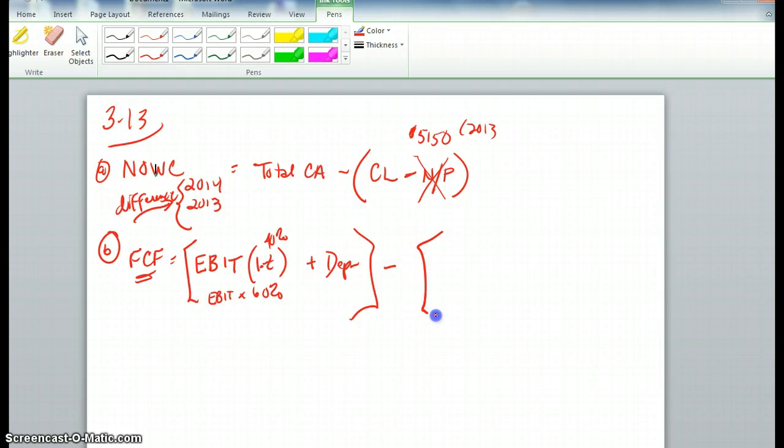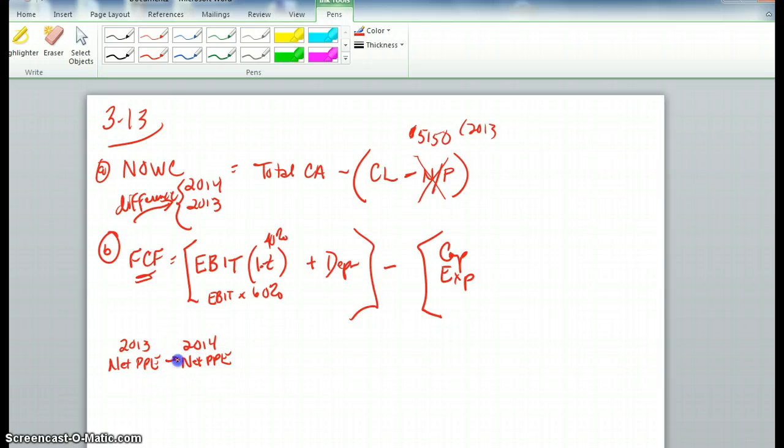Now the other thing that I want to be clear you understand is how to calculate capital expenditures. You look at what they had in 2013 in their net property, plant, and equipment, and you look at what they had in 2014 in their net property, plant, and equipment.